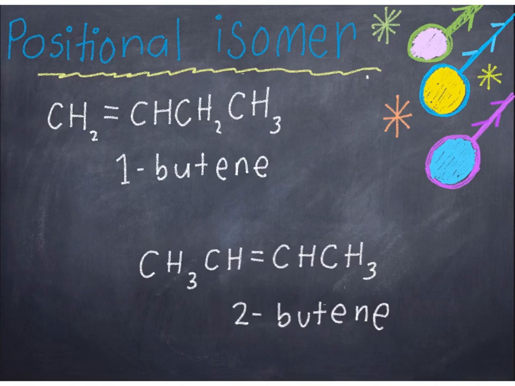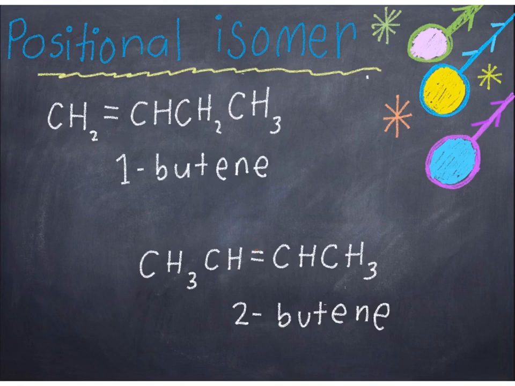In this structure, I have changed the position of the double bond, which is in between carbon number 2 and carbon number 3. There you have another structure. So the connection between structure 1 and structure 2, they are actually positional isomers, because I did nothing with the chain. Saya tak ubah dia punya rantai, dia masih straight. Saya cuma ubah position of functional group.